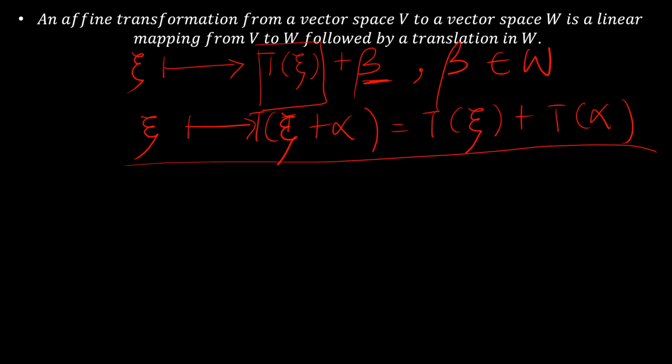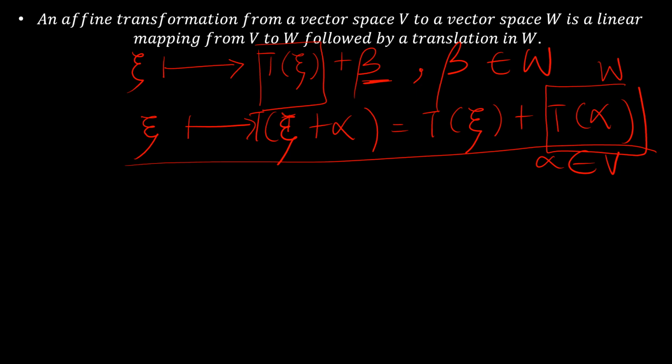Yeah, because obviously this here is a translation into the W space, where alpha is an element of V. I mean, let's not confuse ourselves here. But I think we get the gist of it.